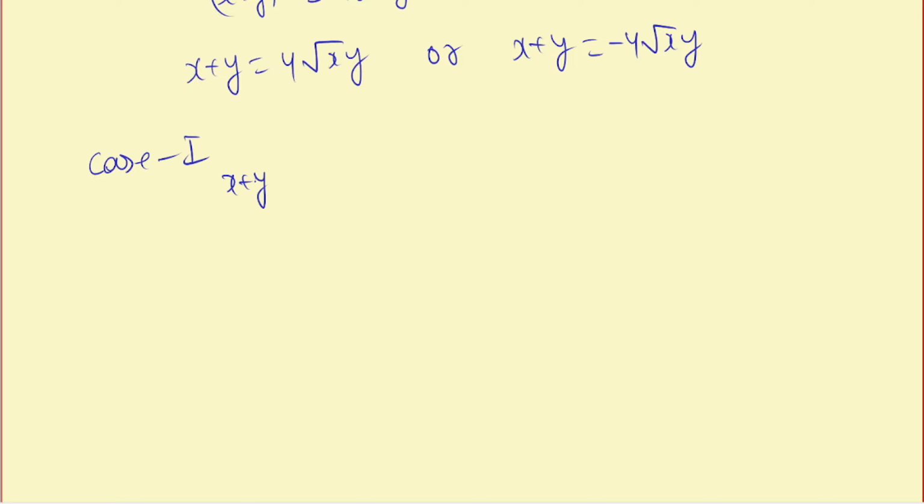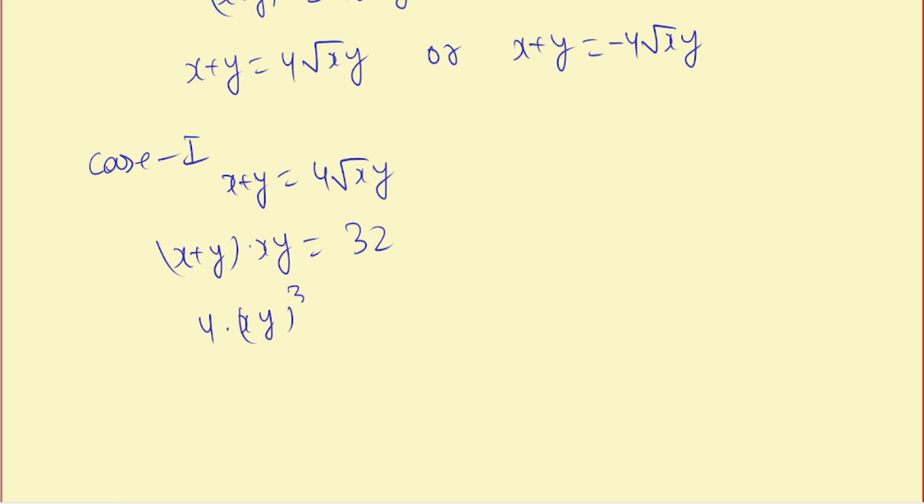Okay, now let's consider case 1, when x plus y equal to 4 root xy. Okay, and we have (x plus y) into xy equal to 32. This is our first equation, and I'm going to substitute x plus y equal to 4 root xy here. So we get 4 into xy to the power 3 by 2 equal to 32.